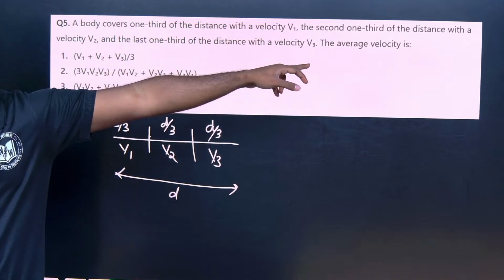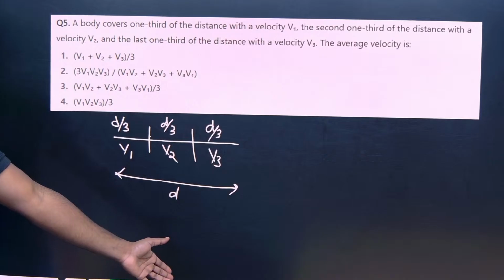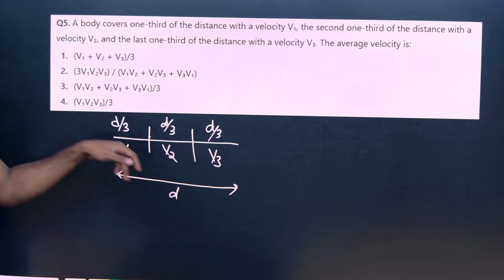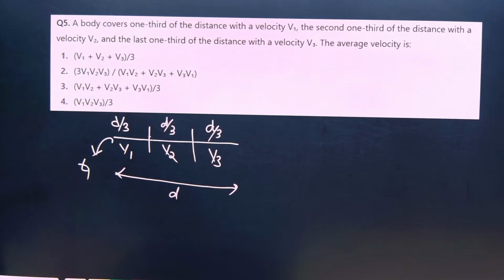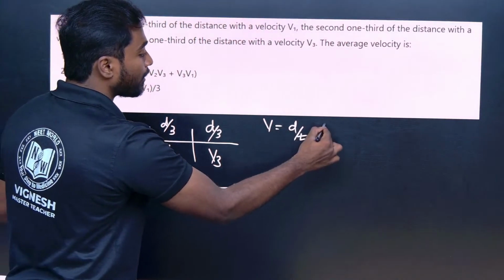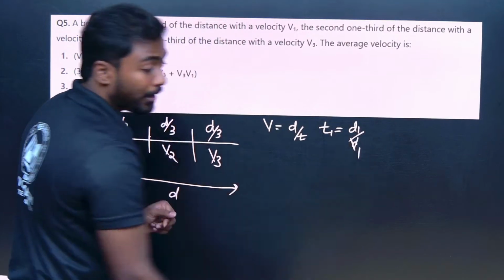What are they asking? Average velocity. Average velocity means total displacement by time, no? So what I should do? I need to find the time t1 taken for v1. So v will be equal to d by t, where t1 will be equal to d1 by v1.